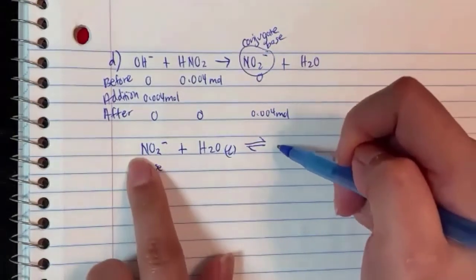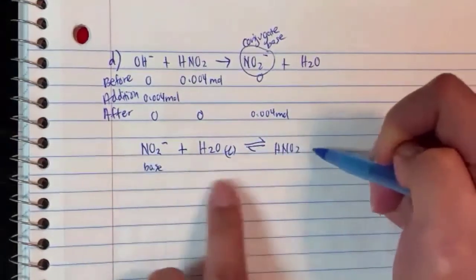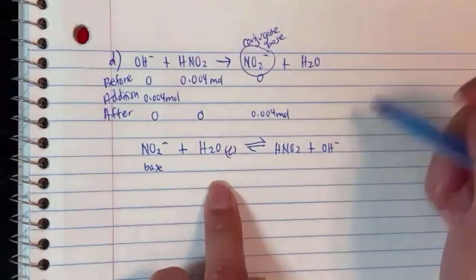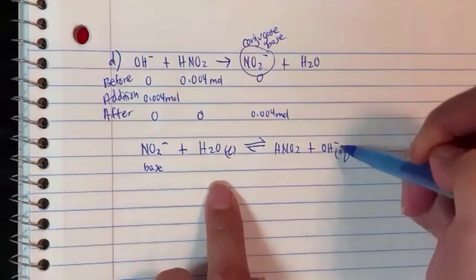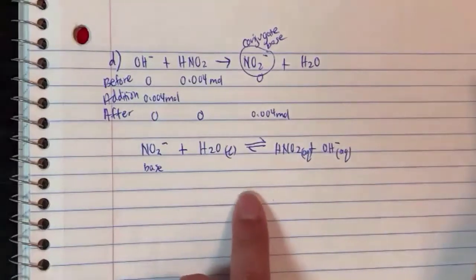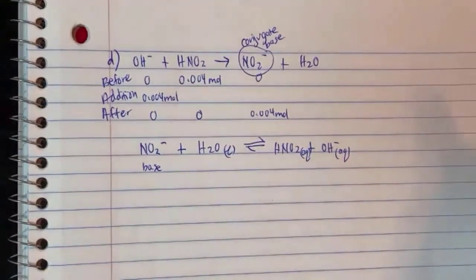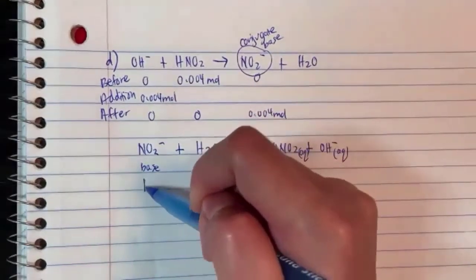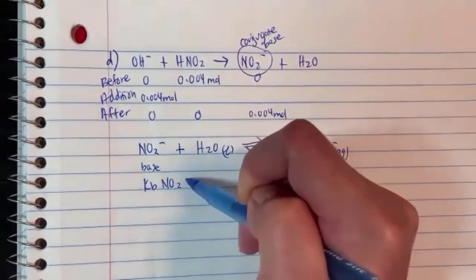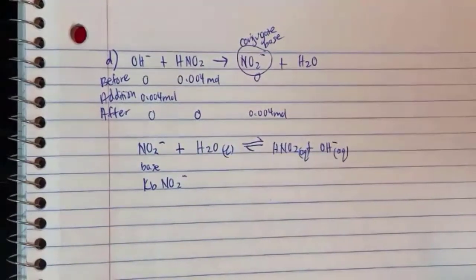If this is base, add a proton, so HNO2 plus OH minus. So this is a weak base problem. So you need to find Kb of NO2. Do we have Kb of NO2? No, they didn't give it to us.